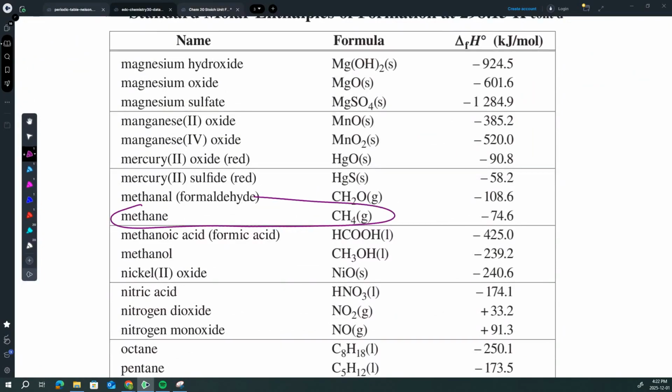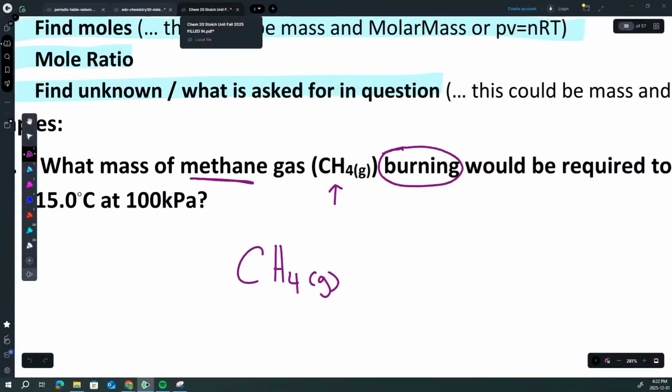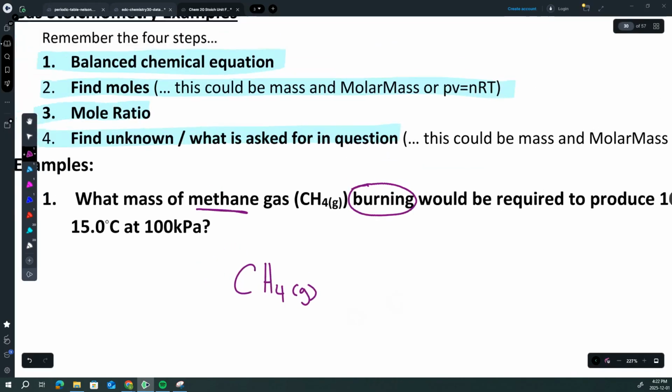It's on page 5 right here. That's how you could find out what the formula is if it's not given to you. Keep in mind that's mostly going to work for organic compounds, which are compounds mostly made up of carbon and hydrogen and sometimes oxygen.